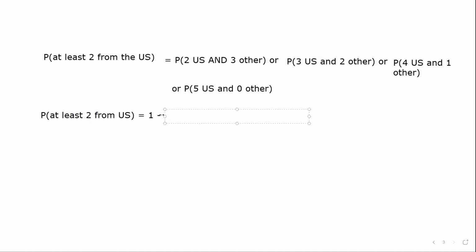So what you want to subtract is the ones we didn't use, which is probability of 0 from the US, 0 US and 5 other.